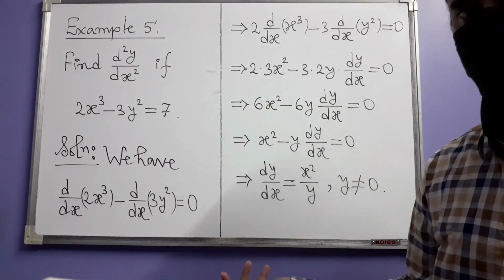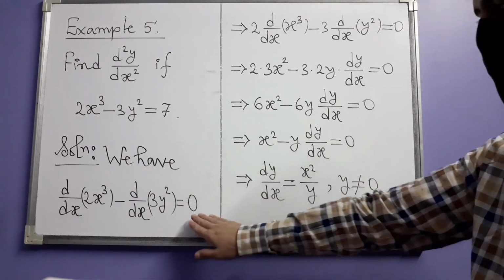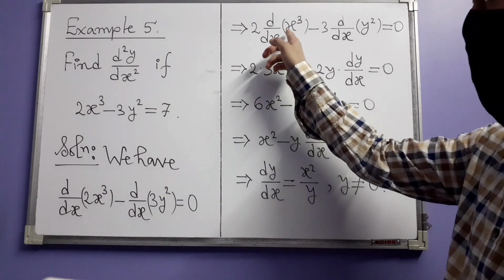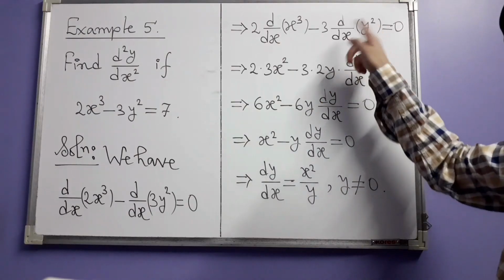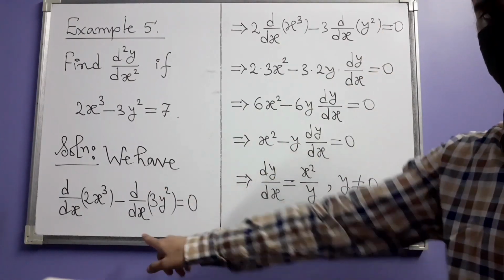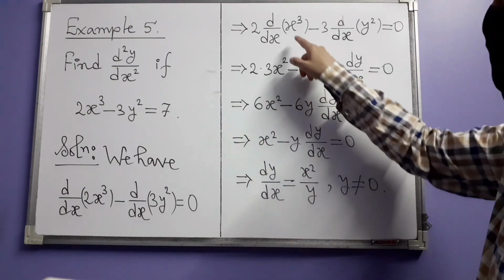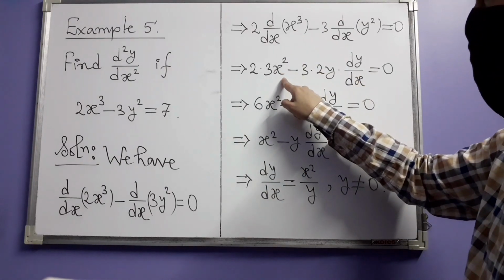This side will be 0, you already know, because it's constant, so I have directly written 0. And then by the constant multiple rule, the 2 comes out there and the 3 comes out here from this. And then you apply the power rule here. ddx of x cube is 3x squared.